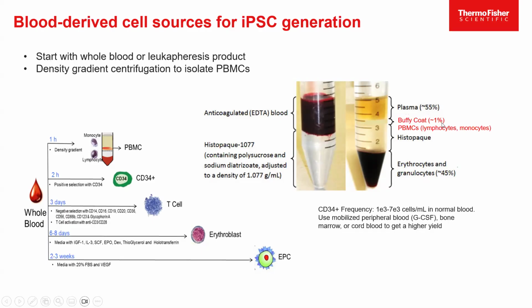These are cells in your blood that contain things like your CD34 positive hematopoietic stem cells, for example. And you'll see down here, these are your erythrocytes and your granulocytes.